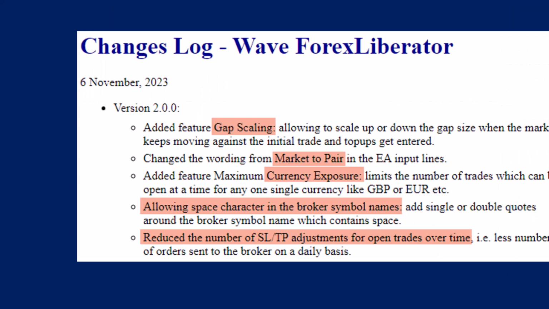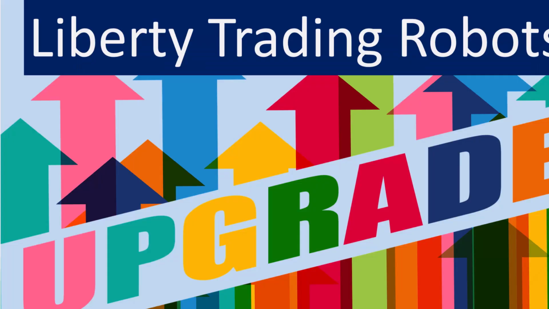So that covers the changes that were made to this version of the EA, and that is why it now has a version 2, because these changes are regarded as major. Now there's various ways we remind traders of this upgrade. For instance, this video itself is a reminder.